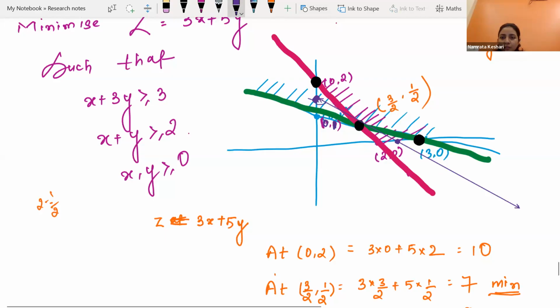Have you drawn the figure in your copy? Yes. Please join these two lines, and tell me it seems like it is not lying in this unbounded portion. You tell me, you confirm it.